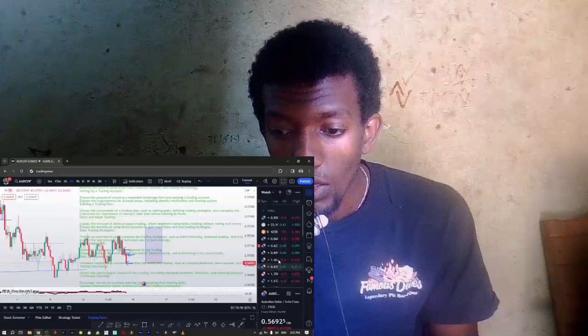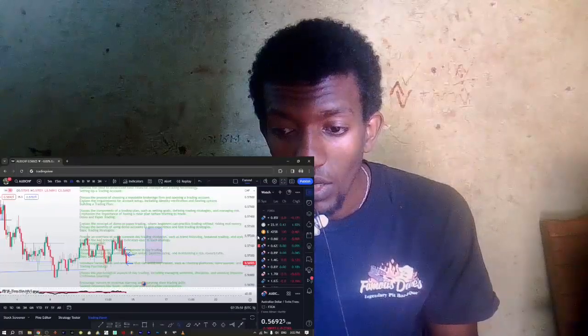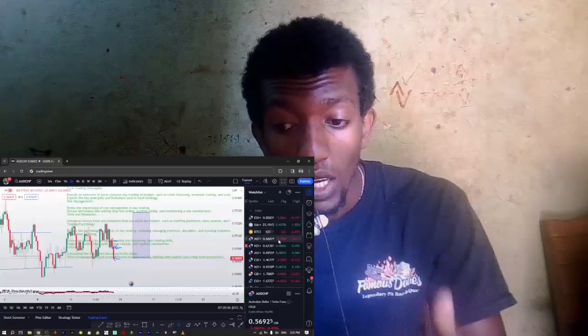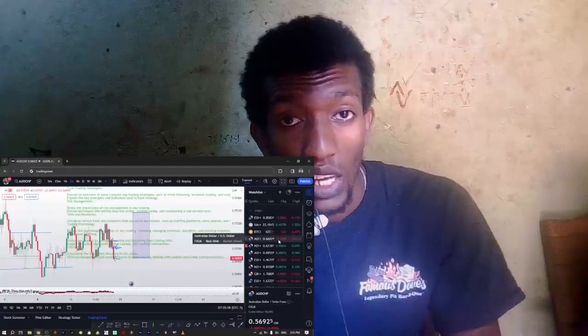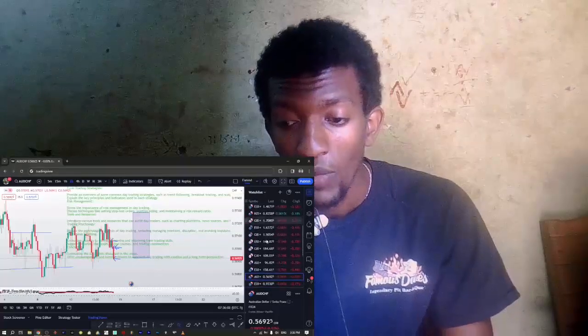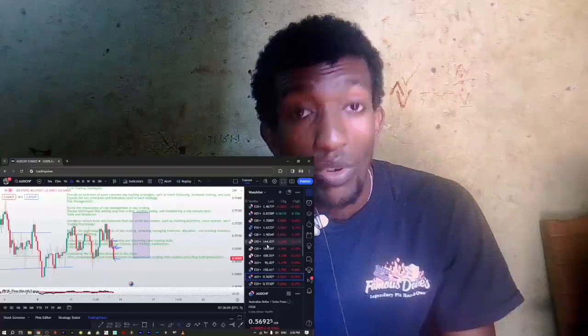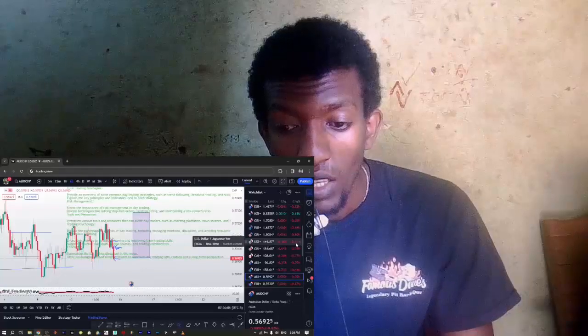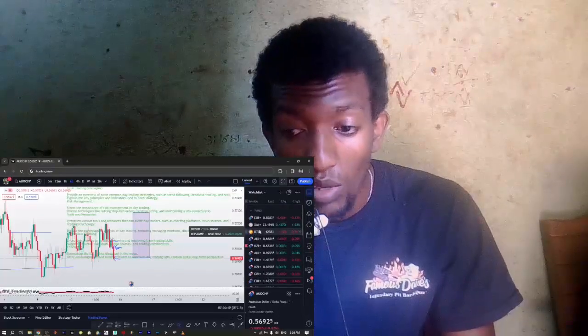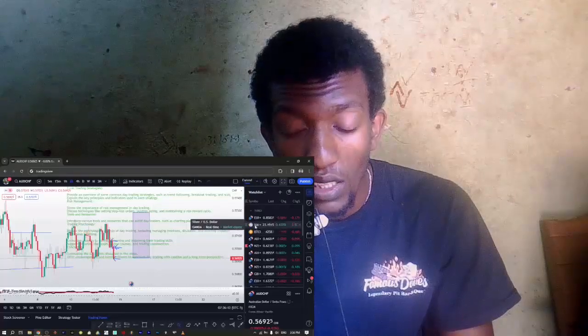I mostly trade these currency pairs. That is why I am putting them here, so I can easily access them. Most of these are called forex pairs. Some of them are crypto, as you can see, BTC USD right here.